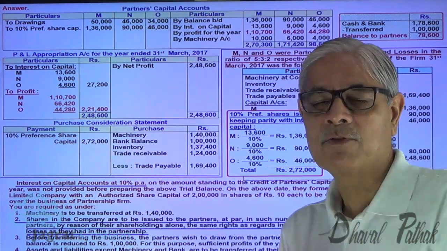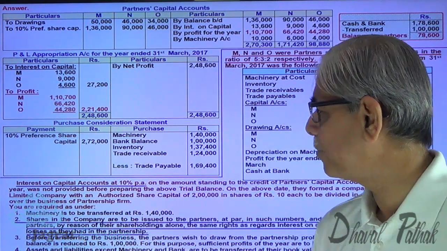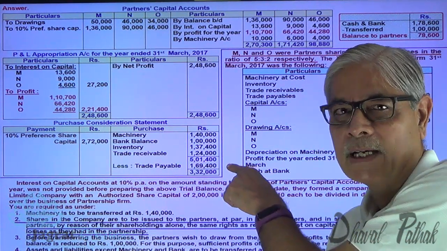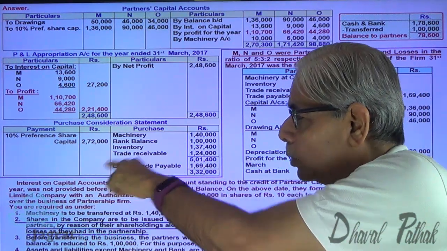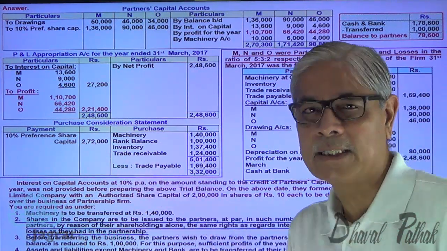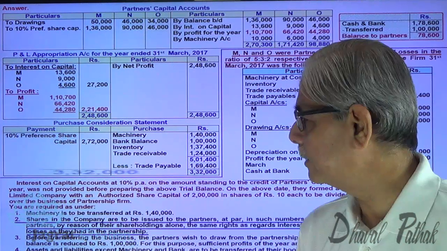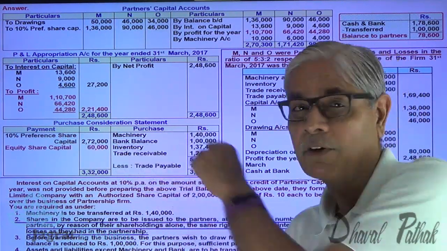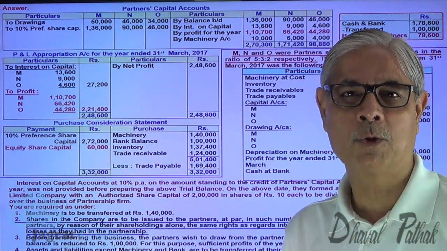From this purchase price, we have already received 2,72,000 by way of preference shares. So for the remaining amount, total of assets 5,01,400 minus liabilities 3,32,000, 3,32,000 is to be received. Against that, we have received preference shares of 2,72,000. The remaining amount is received by way of equity shares, and these equity shares will be distributed amongst partners in the profit sharing ratio.